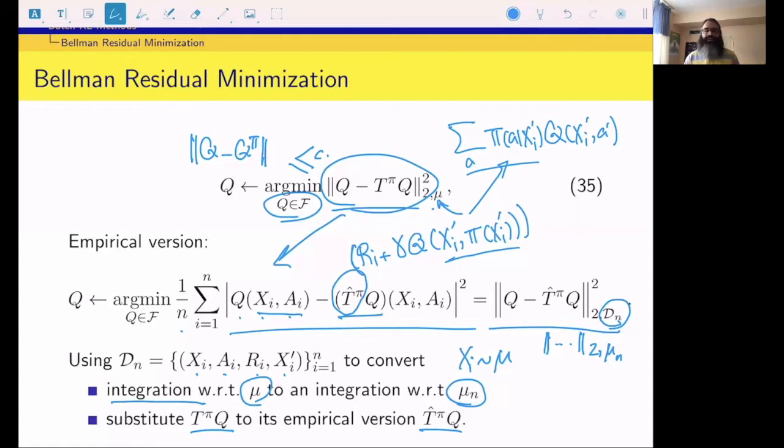But one other possibility is that you just take a sample of that action. If you can sample from that policy easily, then your sample would be an unbiased estimate of this whole term.